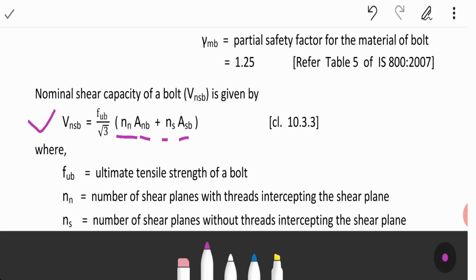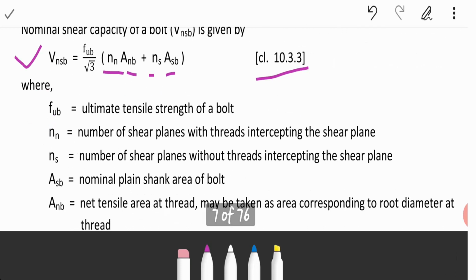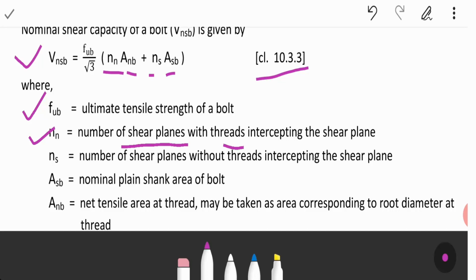In this formula, you can see the clause number 10.3.3, where fub is the ultimate tensile strength of the bolt, nn is the number of shear planes with threads intercepting the shear plane, ns is the number of shear planes without threads intercepting the shear plane, and Asb is the nominal plain shank area of the bolt.